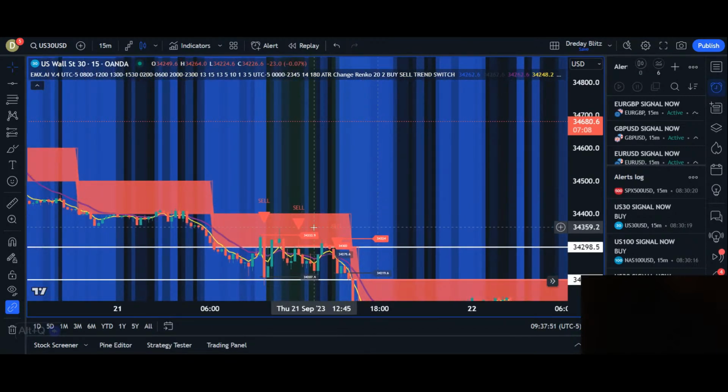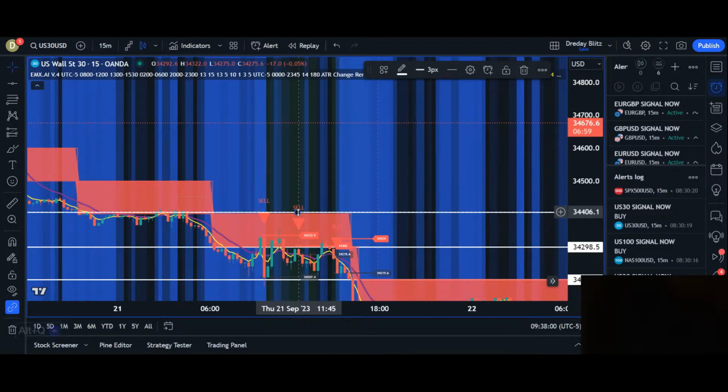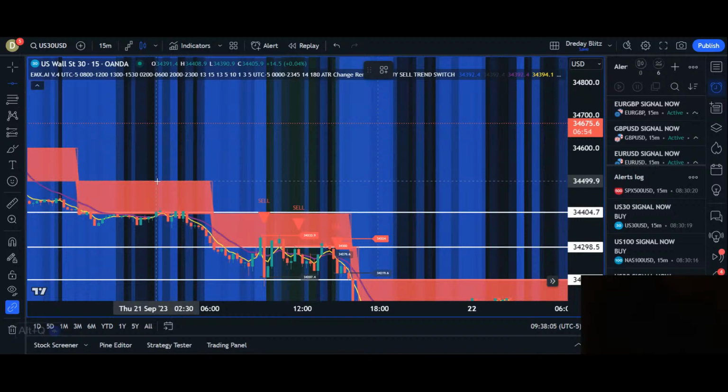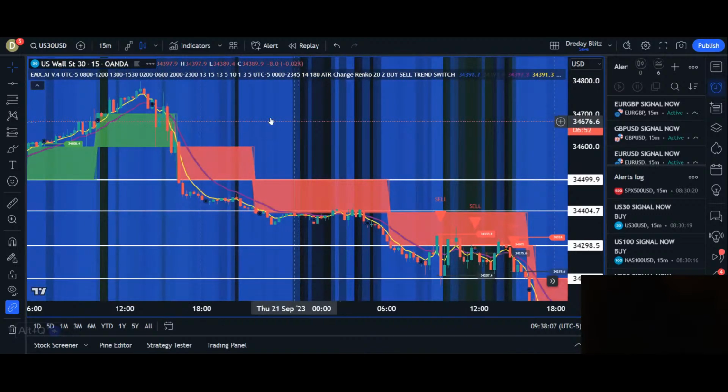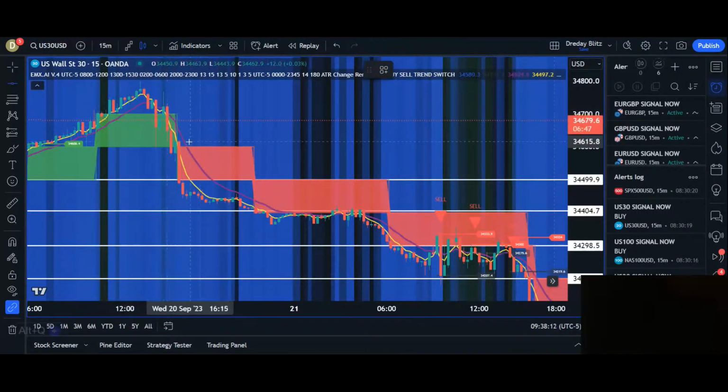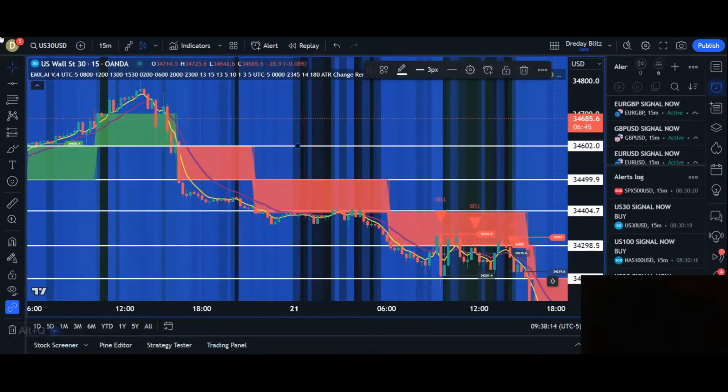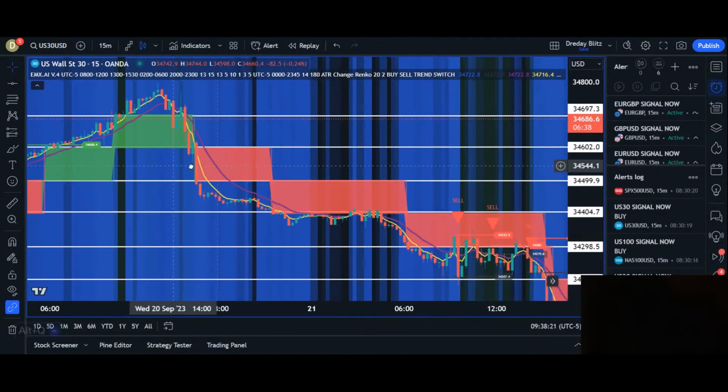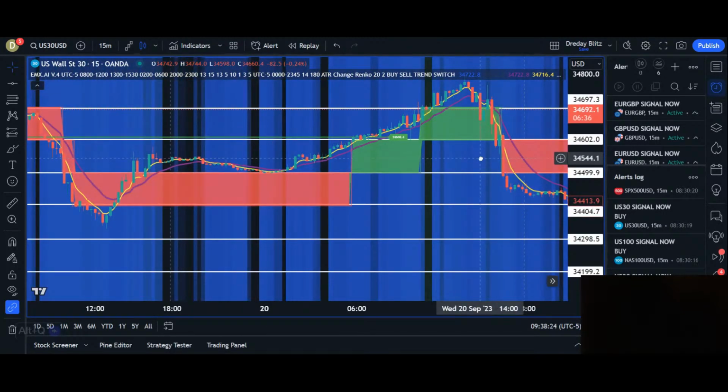Now the next zone is here. Same thing, plot the next zone, the next horizontal line. Then we have here. Then we have here. And we're going to do a last one right here. As you can see, it always respects that zone, always.